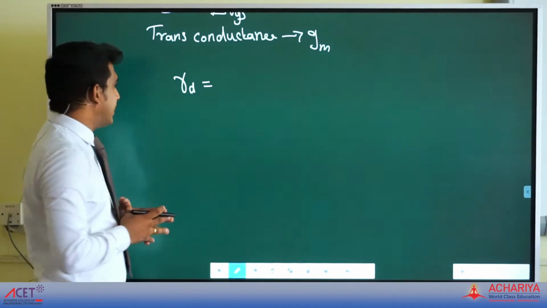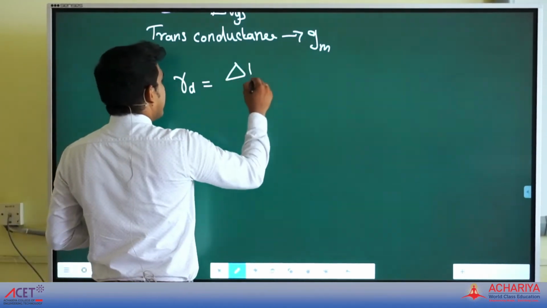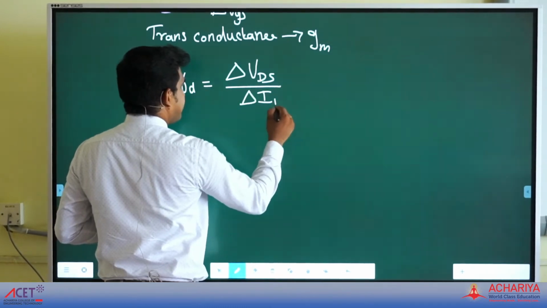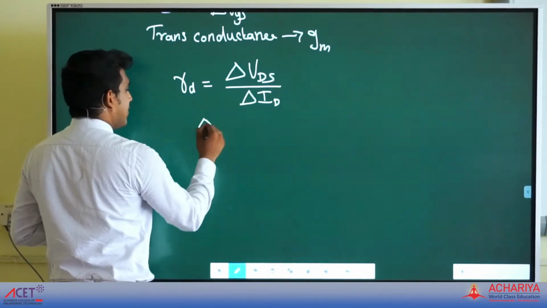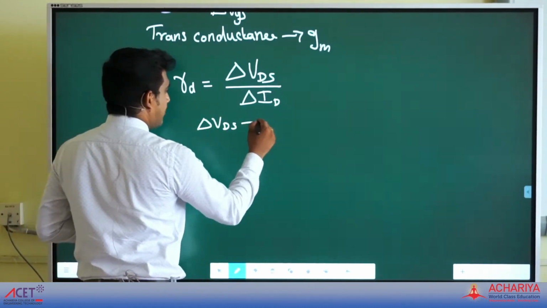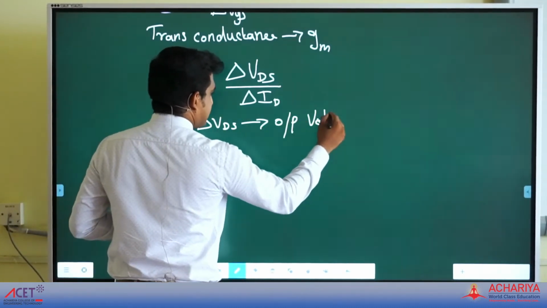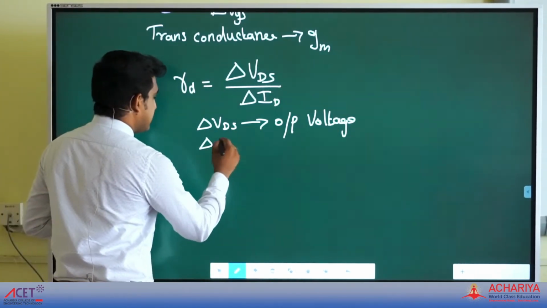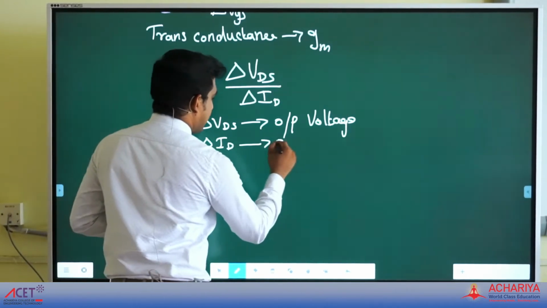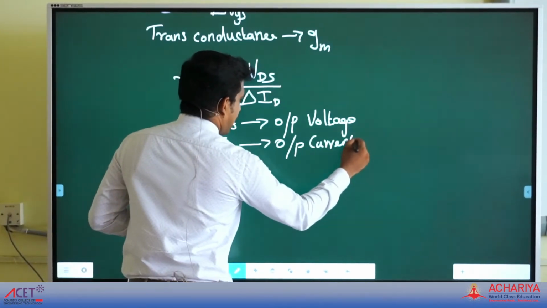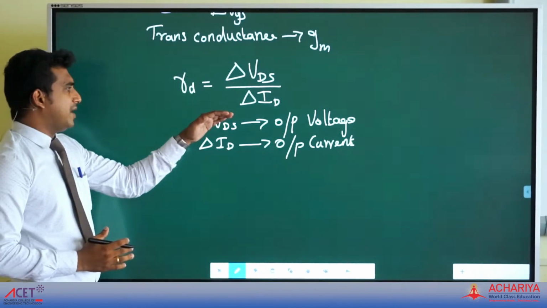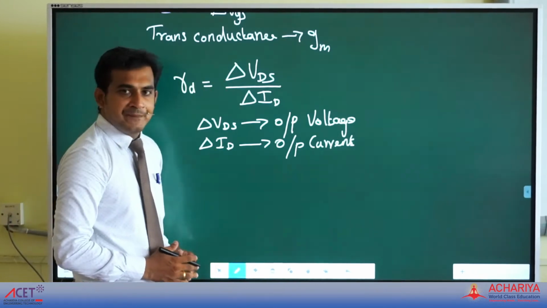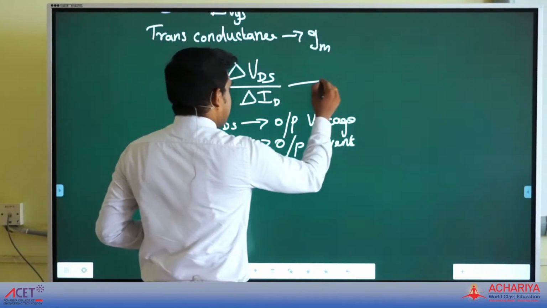As per Ohm's law, we can write rd equal to del VDS divided by del ID, where del VDS is the output drain to source voltage and del ID is the output current. According to Ohm's law, voltage divided by current is resistance. This is equation number 2.